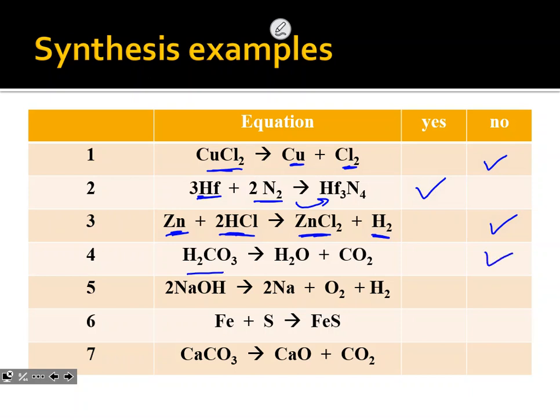Once again, one thing breaking apart into two things. How about number 5? Also a no, very good. How about number 6? Yes, we have iron and sulfur coming together to make iron 2 sulfide. Very good. And last but not least, number 7 here. Yes, that's a no. Definitely breaking apart.